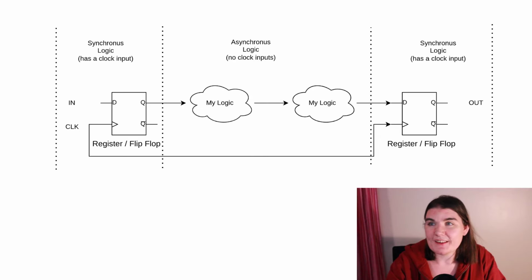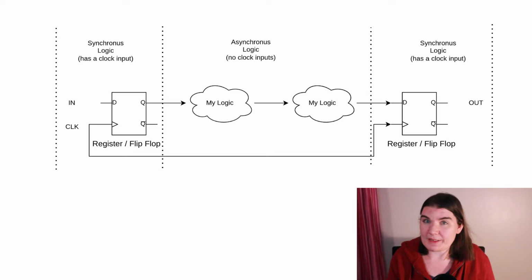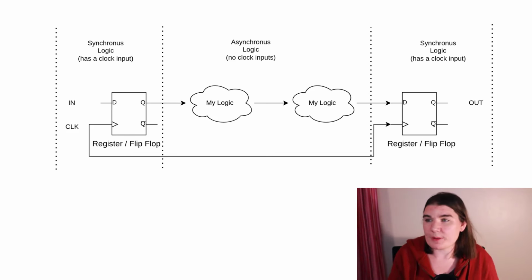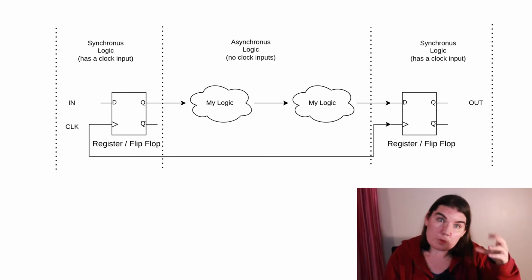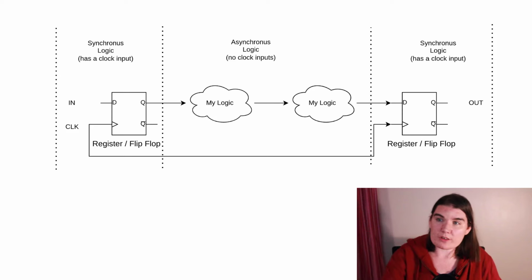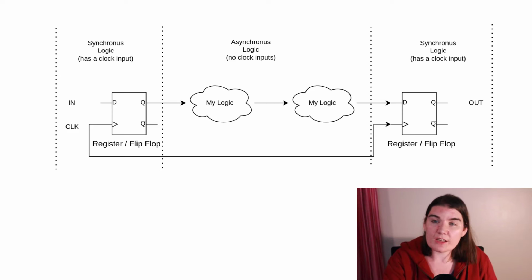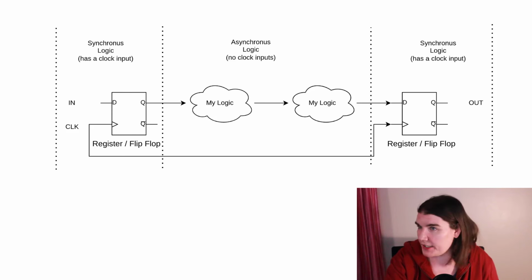And so you can see that we can delimit our logic, and there is this mental delimitation that FPGA designers have, especially if they are experienced, to differentiate between what is synchronous and what is asynchronous. So synchronous logic looks like this. It has a clock input. Asynchronous logic doesn't have any clock inputs.